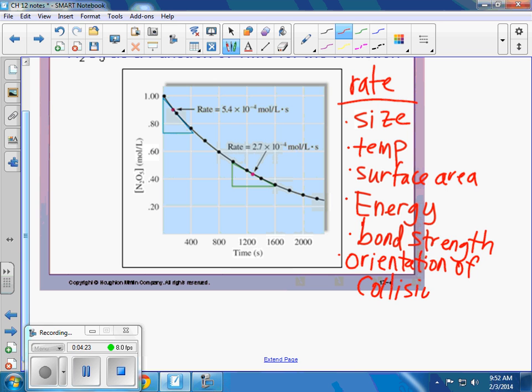Now, in that podcast that you guys saw from Bozeman, he had that good little diagram of the red and the blue particles, and how they orientated themselves, that in order for this to happen, not 100% of all the molecules are always going to collide in the right way to make your product. They have to be orientated in the right way. Obviously, increasing the temperature, increasing surface area is going to help this orientation and the collisions to happen.